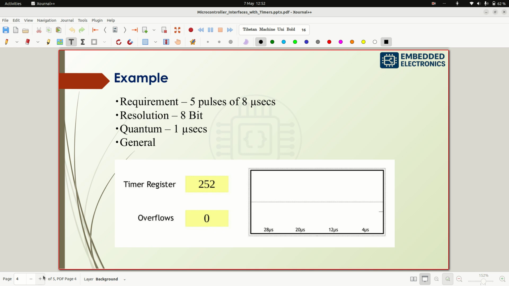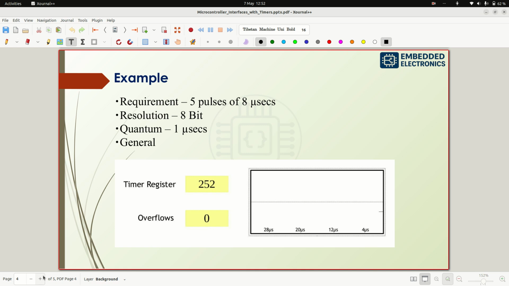Now again it is taking 256 microseconds. Initially it takes 4 microseconds, isn't it? First time it took 4 microseconds, but next time it took 256 microseconds. But I need it to take 4 microseconds every time.